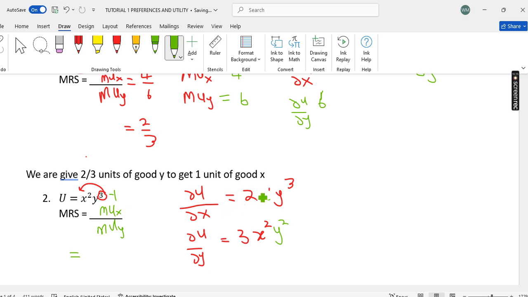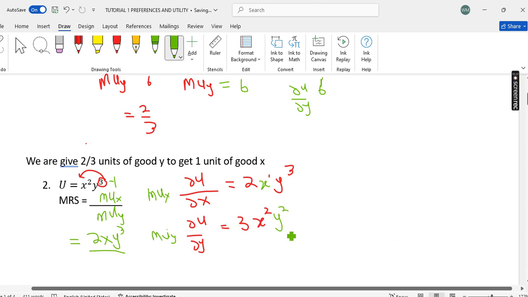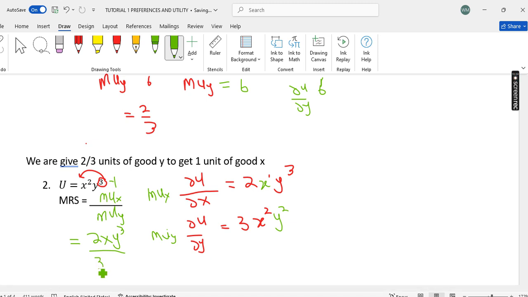Okay, so MUX is 2x y cubed, over MUY, 3x squared y squared. So colleagues, we need to simplify this, alright?